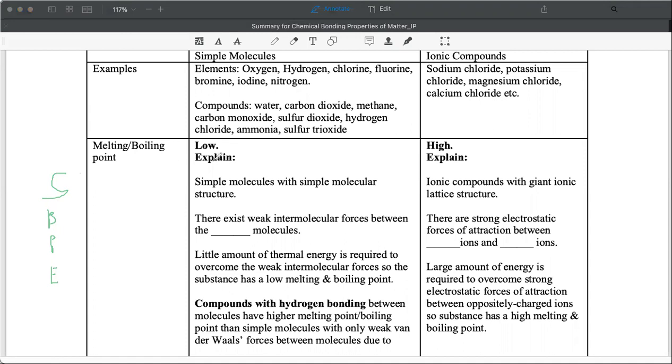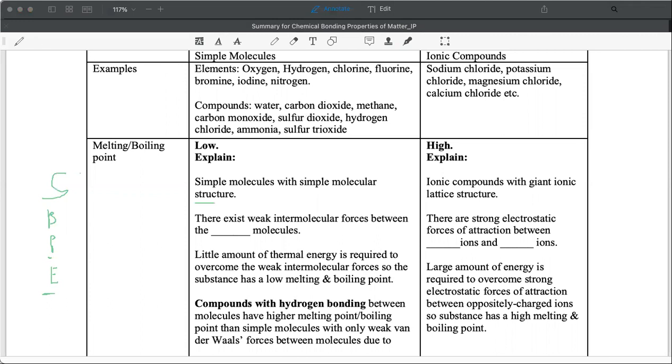S stands for structure. B stands for bonding, for example, ionic bonding, electrostatic force of attraction, or intermolecular forces. Particles is represented by P, refers to ions, molecules, or atoms. Energy: does it require a lot of energy to overcome the forces of attraction, or little energy is required?